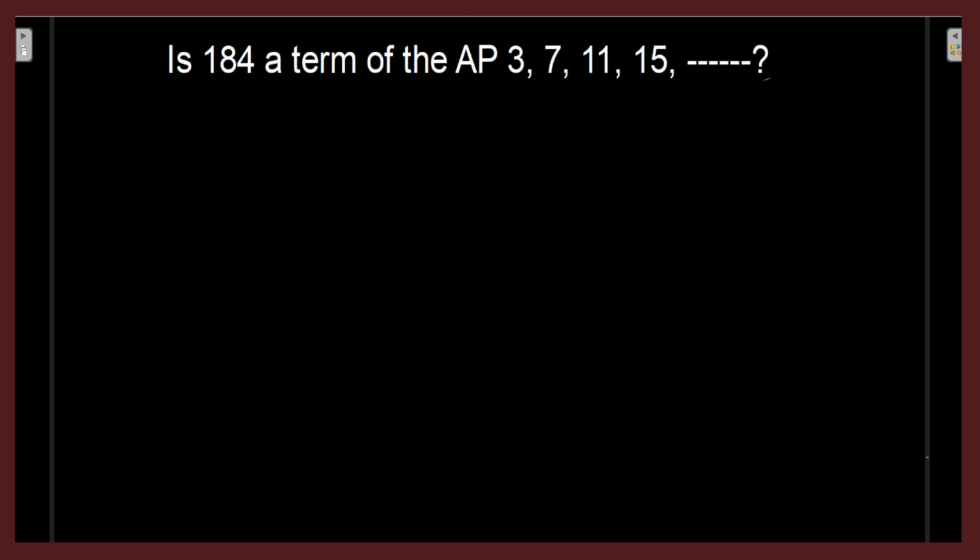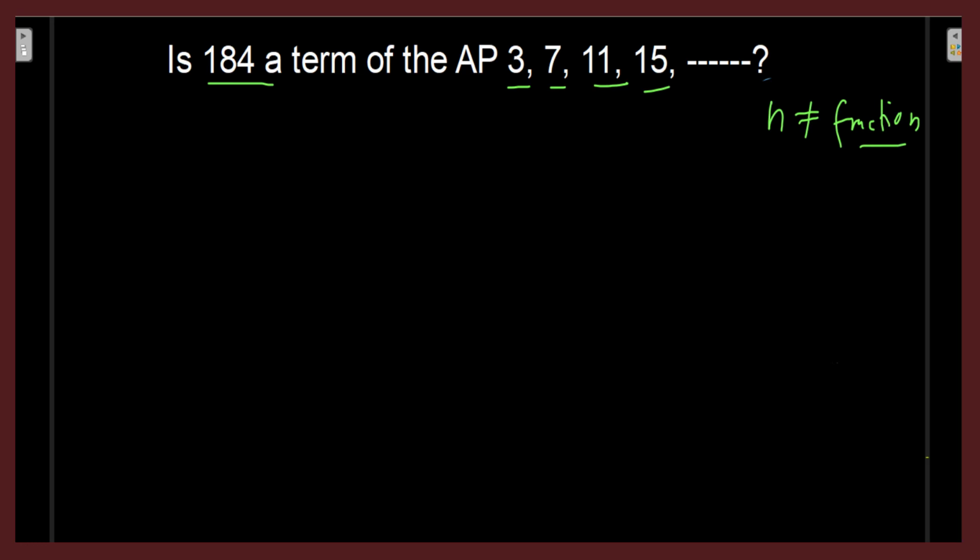Now let us move to another question. The question is on the screen: is 184 a term of the AP 3, 7, 11, 15 and so on? Here we have to check whether 184 is a term of this AP or not. Remember that the number of terms will never be a fractional number. It will always be a whole number.